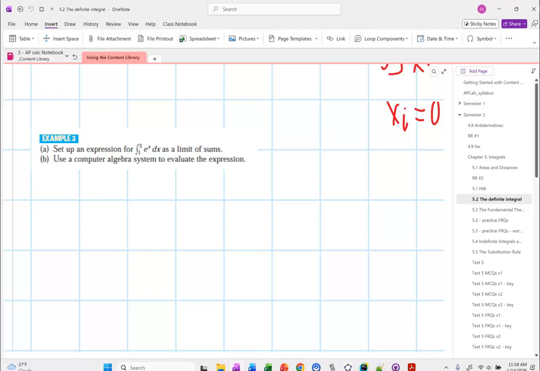In section 5.1 then, we looked at ways to approximate the area under the curve using rectangles. That's called a Riemann sum. And we saw that if we take infinitely many rectangles, that'll give us exactly the area under the curve. And in 5.2 now, we've taken that infinitely many rectangles calculation, given it a name, we call that the integral.